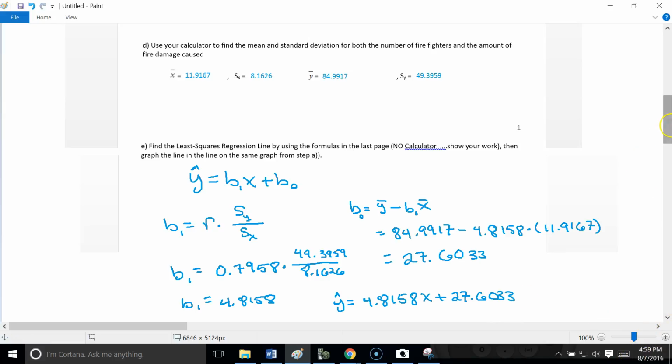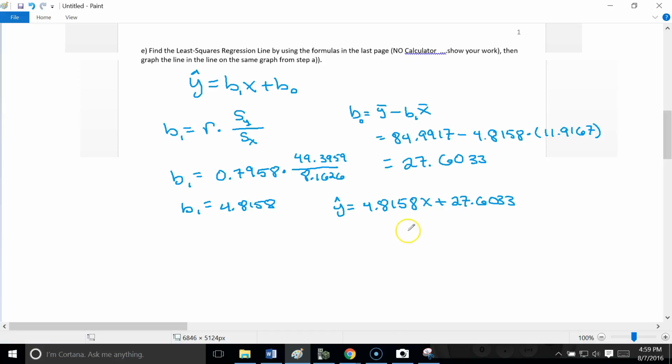So we have an equation where we input the number of firefighters that we send to a 911 call, and this equation will model the resulting damage in thousands of dollars, which is y hat. We can also use function notation to describe this same thing as f of x equals 4.8158x plus 27.6033. Either one would be fine.